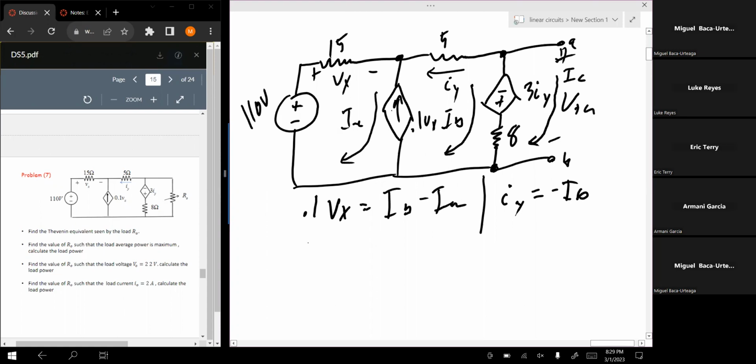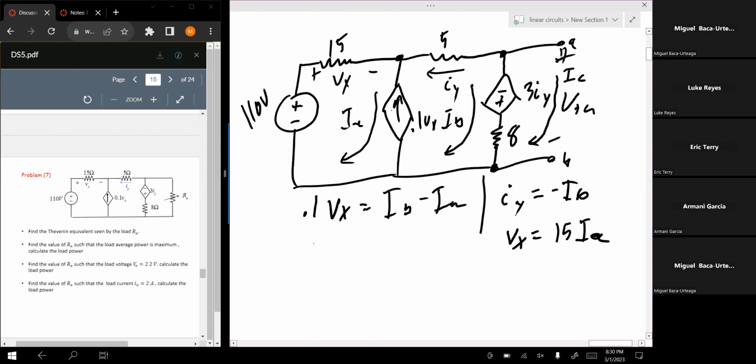And then there's one more. Vx is equal to the current IA times the resistance 15. So I'm going to say 15 IA. I think we can actually kind of get an equation here. Check it out.